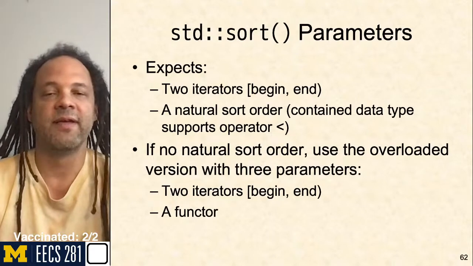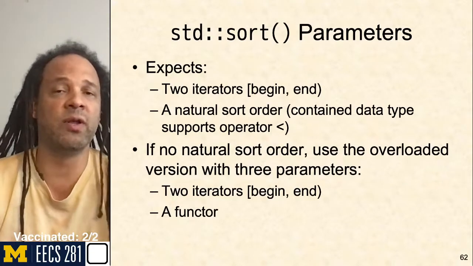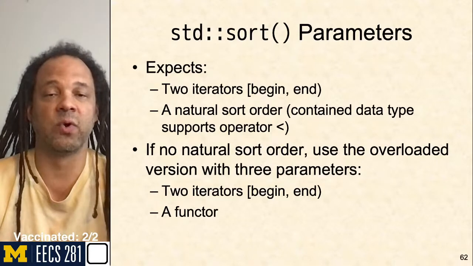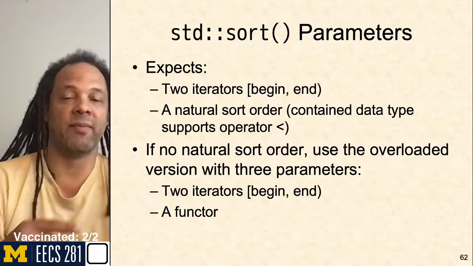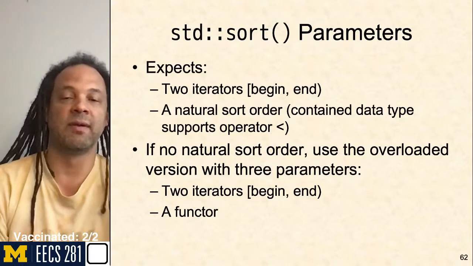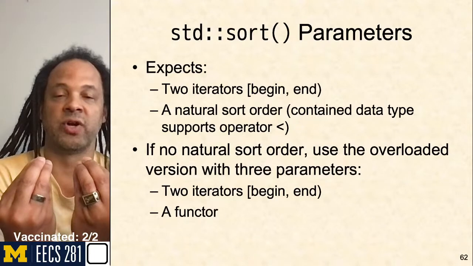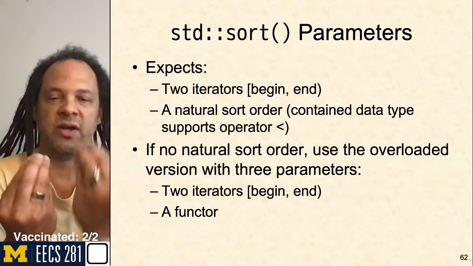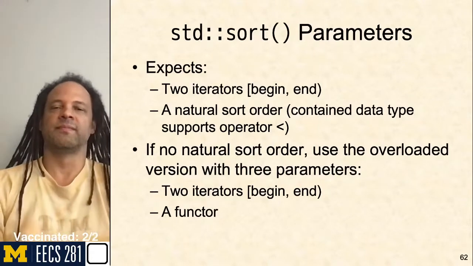So if there is no operator less than available, or if you want to use a particularly different sort, you can add a third parameter to standard sort. So we've got the two iterators, begin and end, and then the third parameter, which is the functor that says, given two of these things, something that falls between begin and end, are they in the right order? Return true if this belongs here. If it's false, they should be swapped.